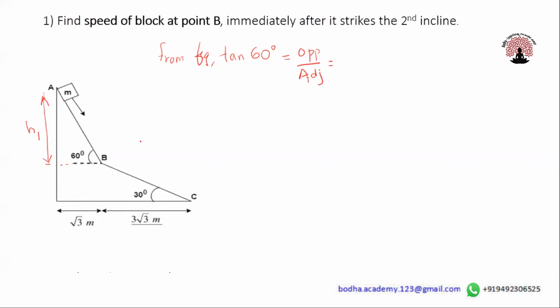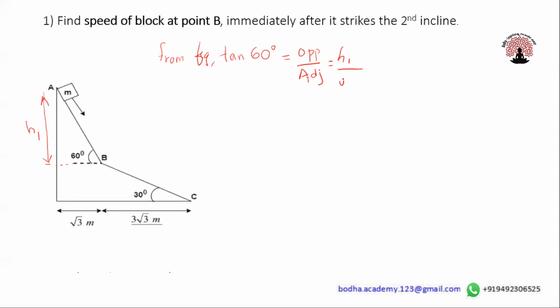So in the triangle, the side opposite the angle 60 degrees is h1 and the adjacent side is this side, which is root 3.